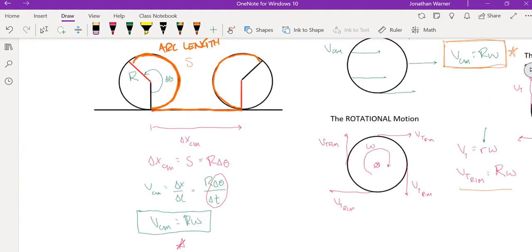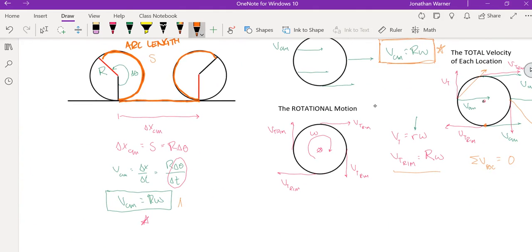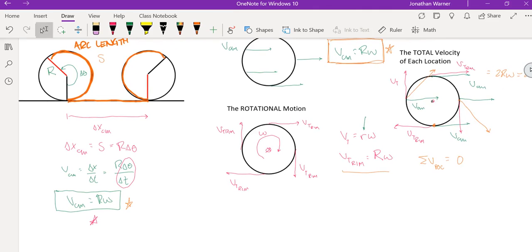Because we've defined V_CM in terms of omega, and that also happens to be the exact tangential speed of any place on the rim. And when those two things are equal, the net velocity is 0. It doesn't mean the object's not moving. It means that the point of contact is not moving relative to the floor.